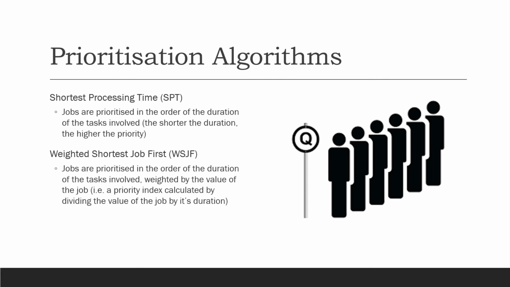The shortest processing time algorithm prioritizes those tasks in each bin which will have the shortest duration. And weighted shortest job first prioritizes by a combination of the duration of the task and the value or income that the task generates.